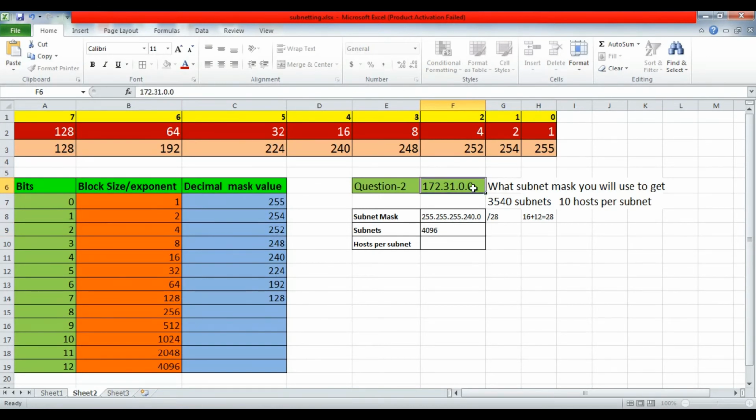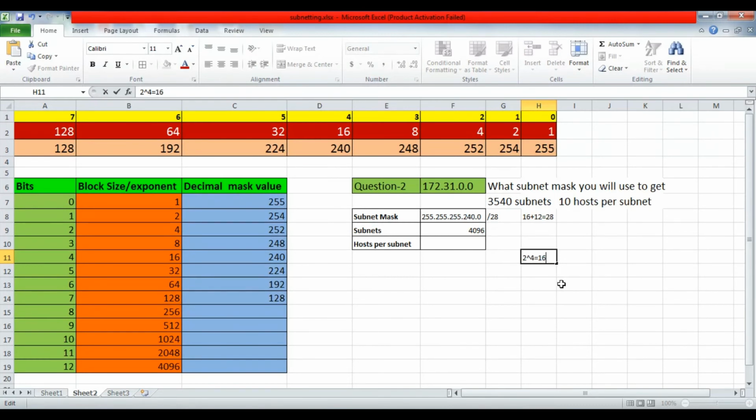Now for the hosts, how many bits are left? Here we have used 28 bits for the network address. The remaining bits are 4. If we calculate 2 raised to the power of 4, we can see here, is 16. 2 raised to the power of 4 is equal to 16.